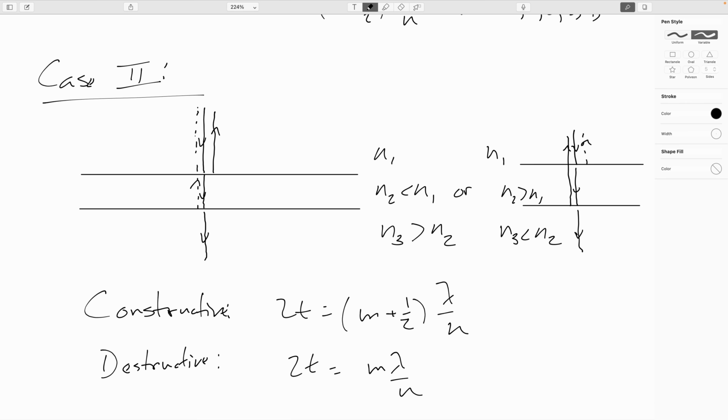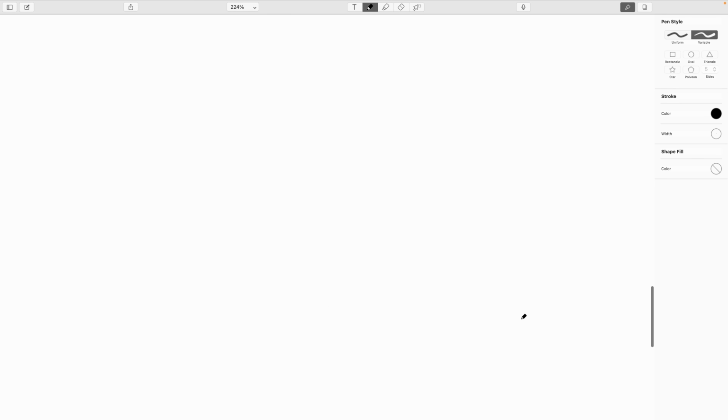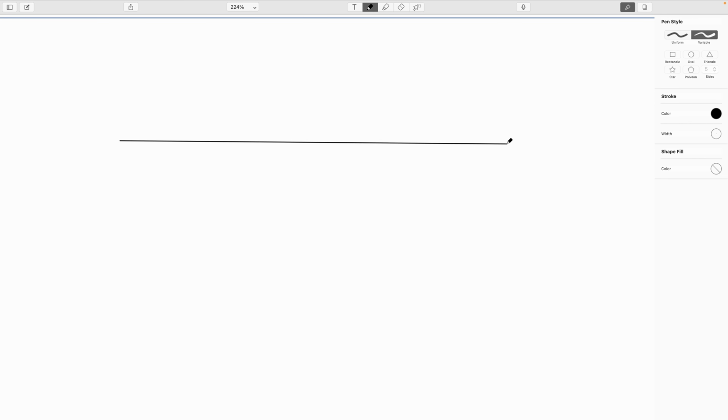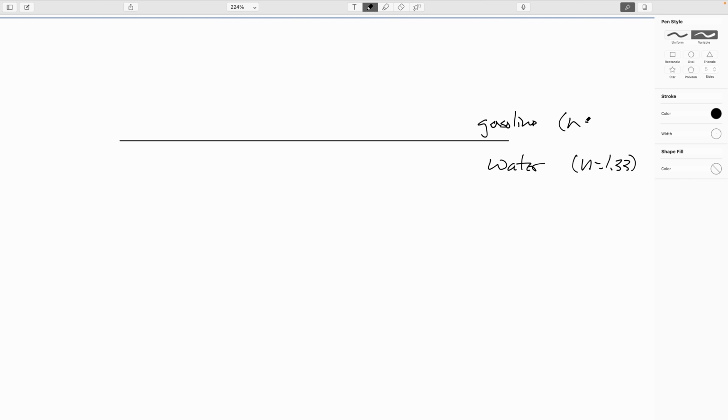And it turns out this case is what gives you the rainbow slick in the parking lot. So in the parking lot situation here, you have your water puddle. Index of refraction of water is 1.33. You then have the gasoline floating on top of the water, and the index of refraction of gasoline is right around about 1.40 usually.